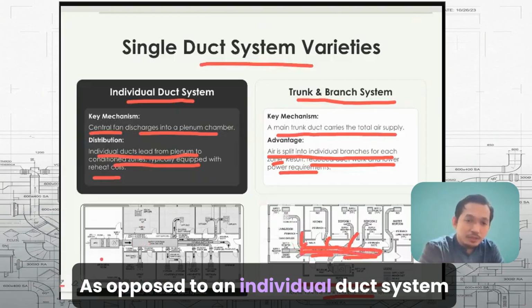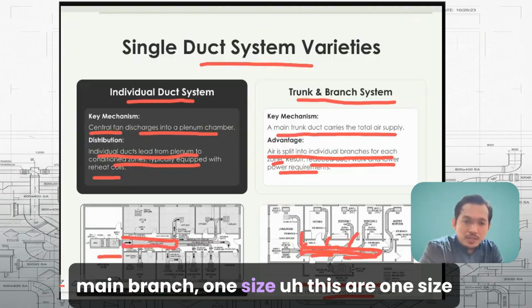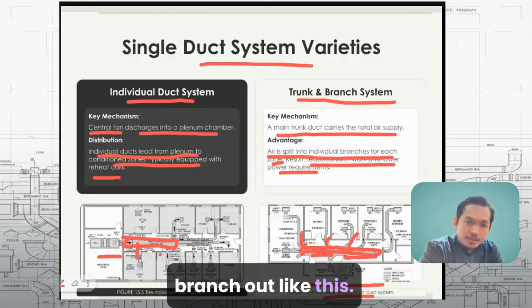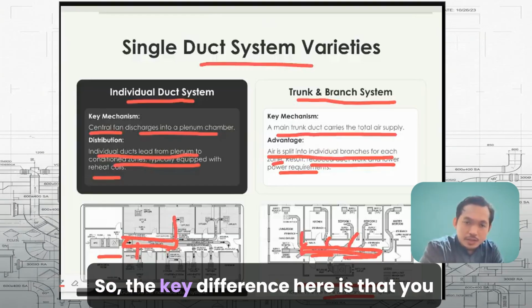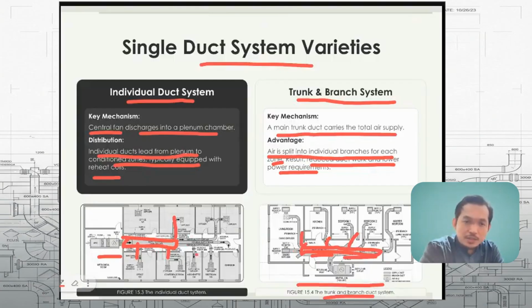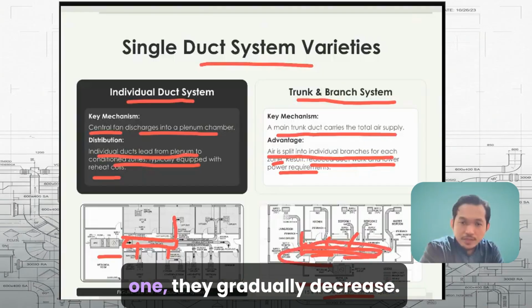As opposed to an individual duct system, from the air handling unit you have one main branch, one size, and then from that main size it branches out like this. The key difference is that the main branch is only one size, but for the trunk and branch system, it gradually decreases.